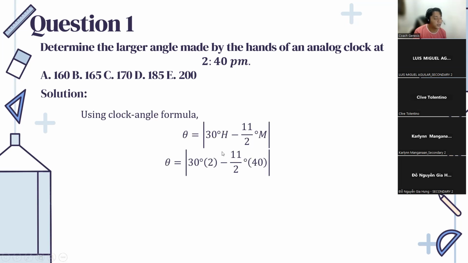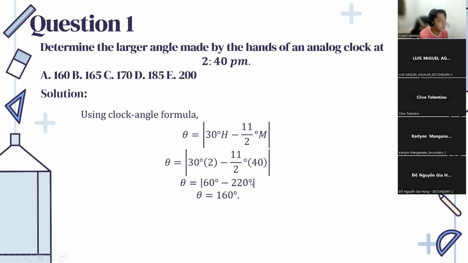So here we substitute the values and solve for theta. Now here we have theta is equal to 60 degrees minus 220 degrees, which is equal to 160 degrees, because we have an absolute value.